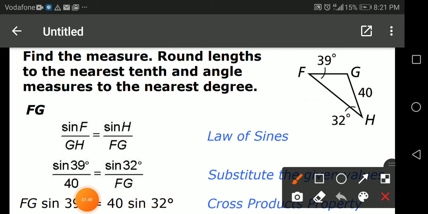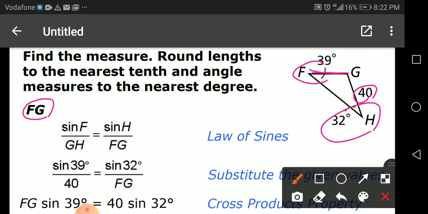Let's find the measure of FG. Where is FG? This segment, FG. You have GH equal to 40, it's given, and angle H is 32, and angle F is 39 degrees.